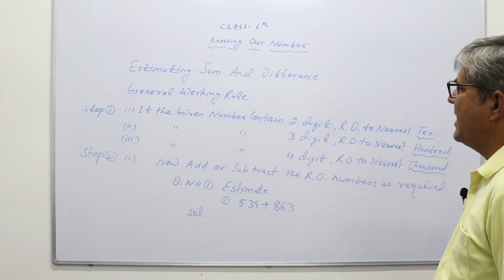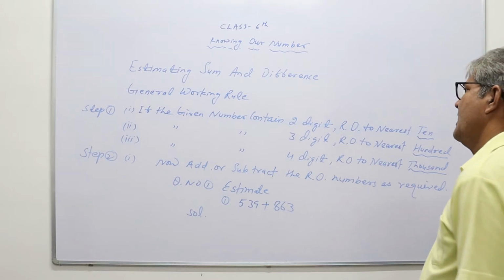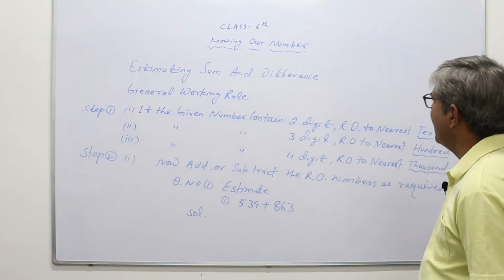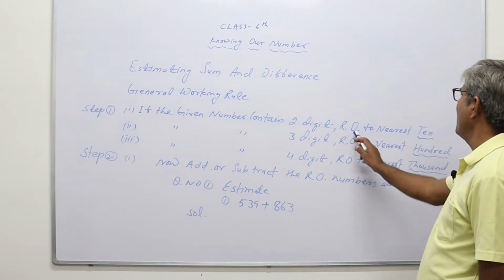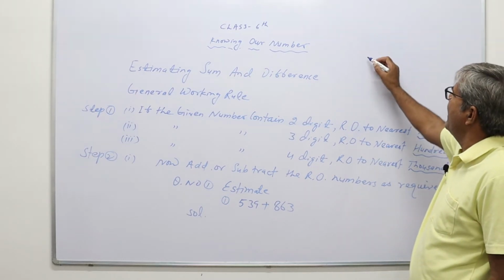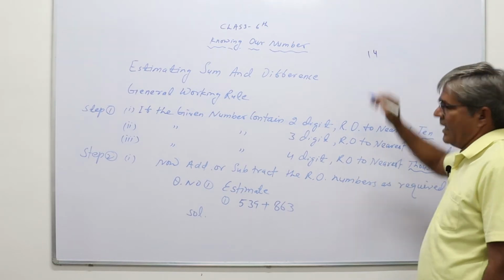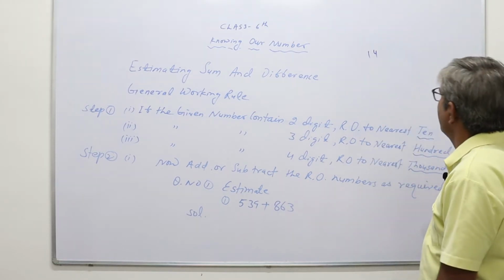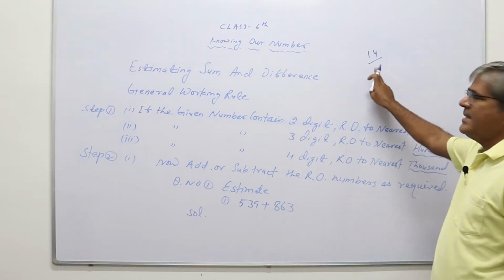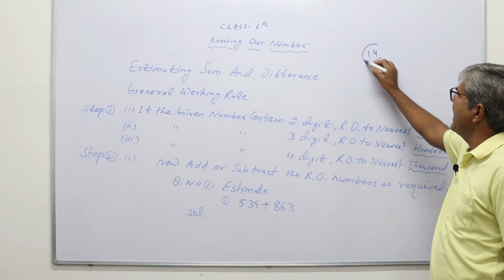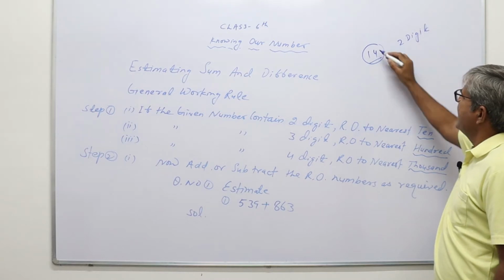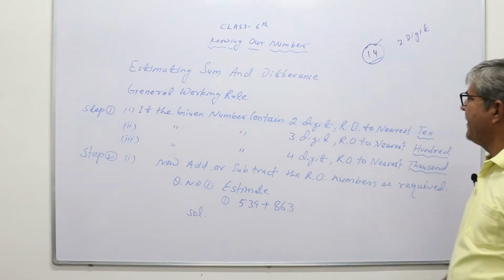So, see what is the general working rule for this. If the given number contains 2 digits, round off to the nearest 10. For example, if the given number is, let us suppose, 14, then to round off this number, we will round off to the nearest 10 because it contains 2 digits, that is, ones is 4 and tens is 1.